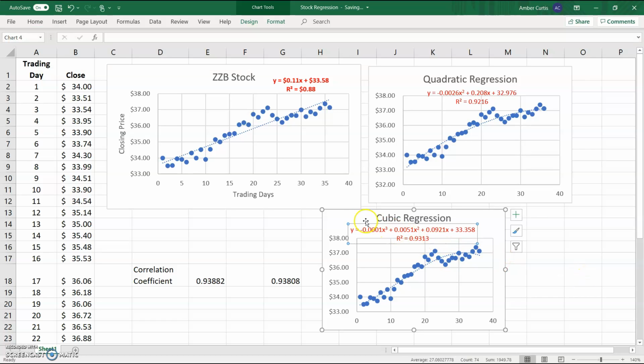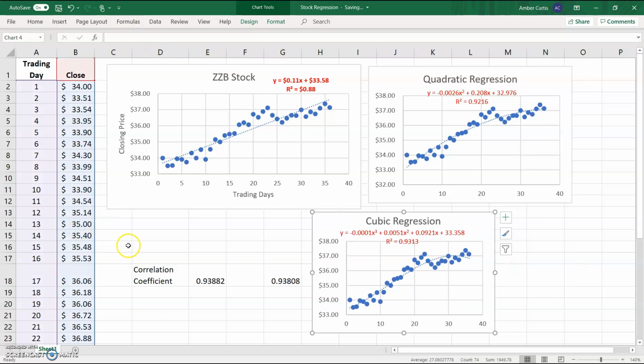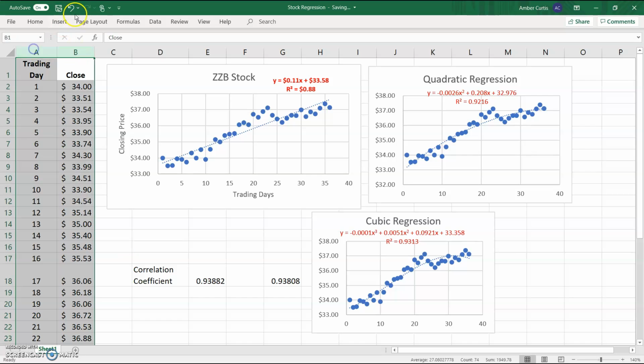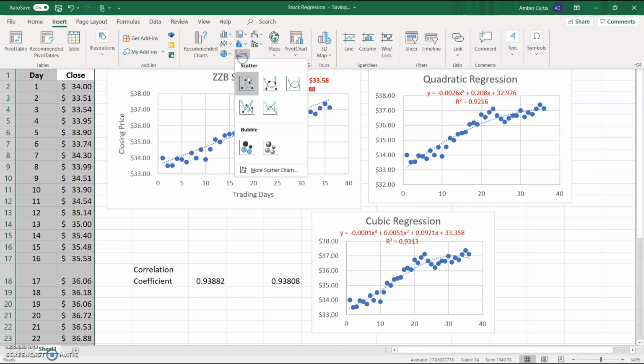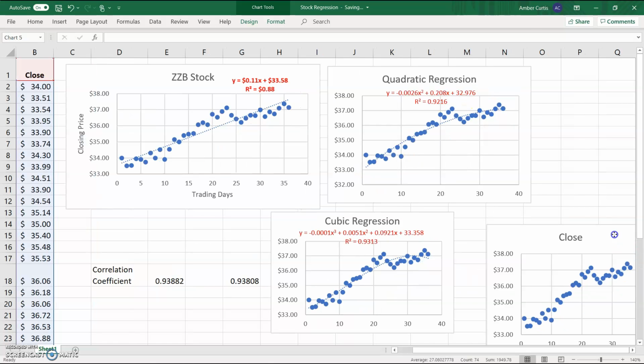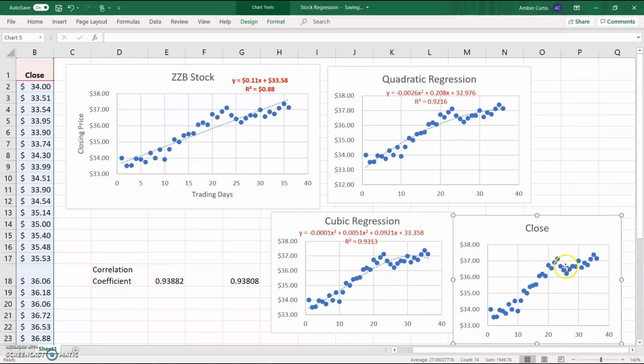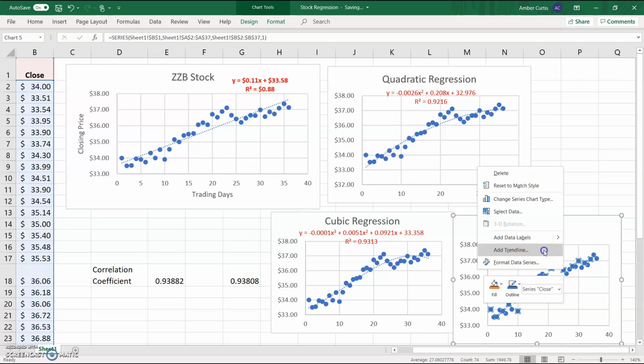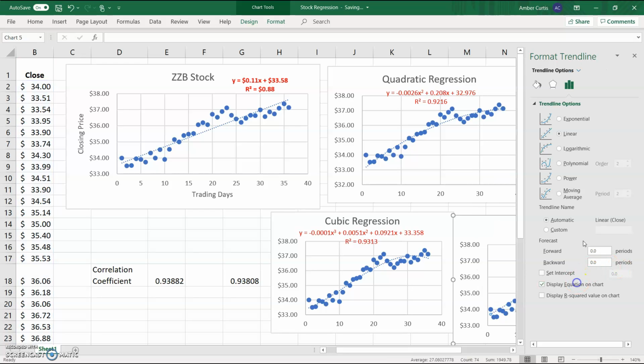Okay, now let's do just one more. So once again, I'm going to highlight, add my scatter plot, and shrink that down just so we can make it fit. And once again, right-click, add trend line, polynomial, this time order 4.